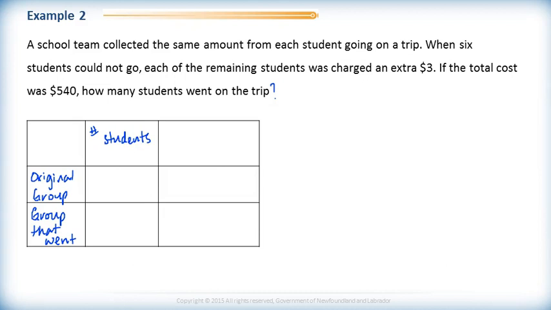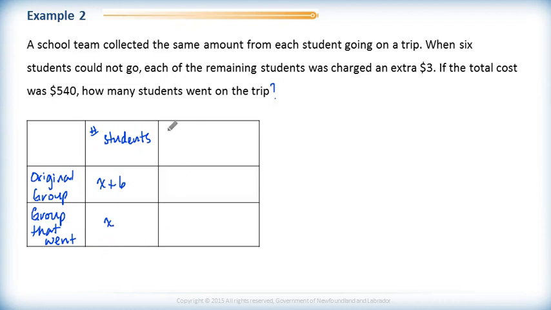In the group that went, we're looking for that. We'll call that X. And in the original group, therefore, they had 6 extra students, so there would be X plus 6 in that group. You could switch this around and say X was in the original group, then X minus 6 was in the group that went. But remember, it's X minus 6 is what you'd have to find then.